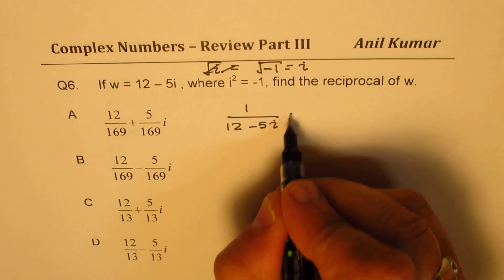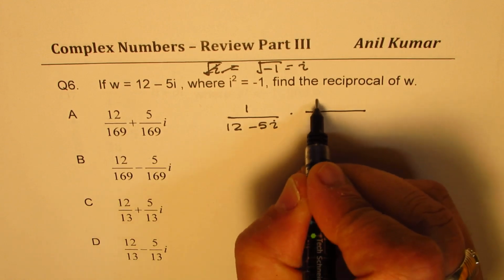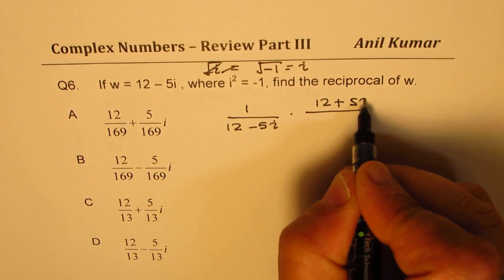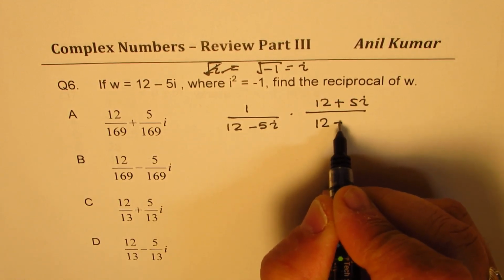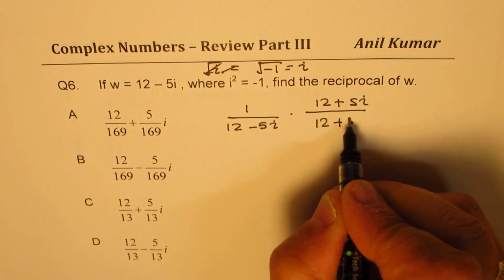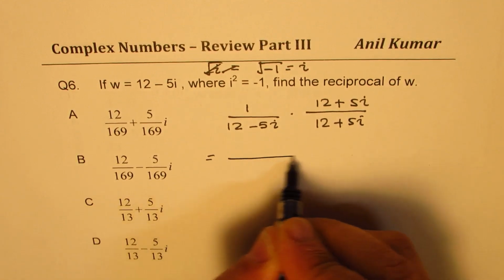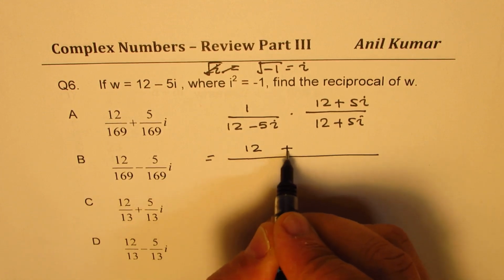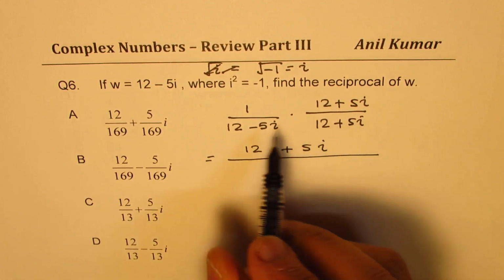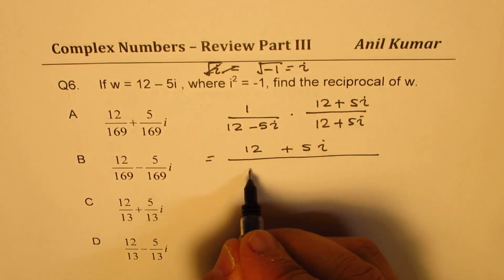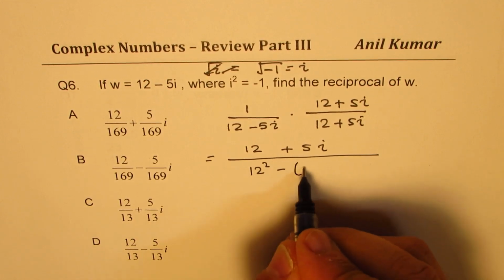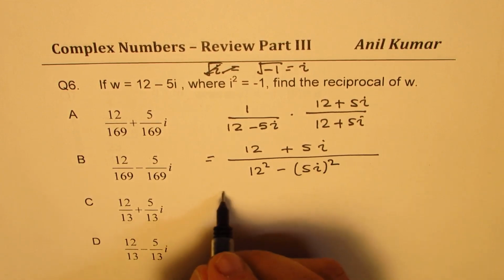So in this case, we have to multiply and divide by its conjugate. So we get 12 plus 5i. So we have already seen how to multiply, right? Now, in the numerator, we have 12 plus 5i. In the denominator, we get a square minus b square. So we get 12 square minus 5i square.